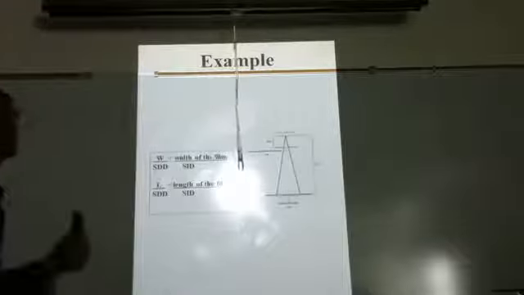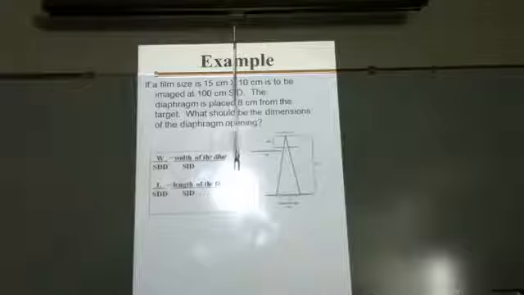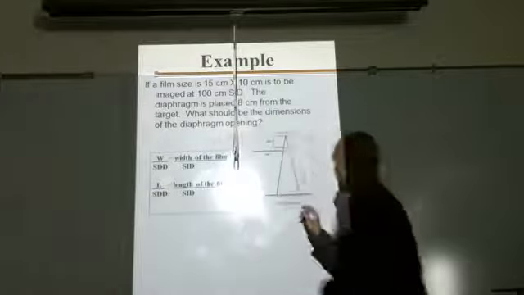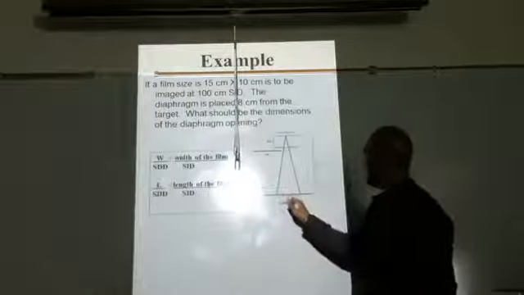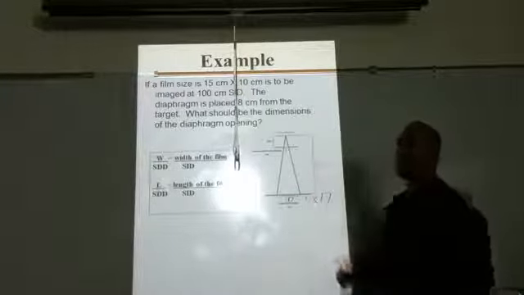Okay, so a film size is 15 by 10. Okay? So we need a beam size of 15 by 10. A film size of 15 by 10 is to be imaged at 100 cm distance. So down here, your image dimension is going to be 15 by 10.